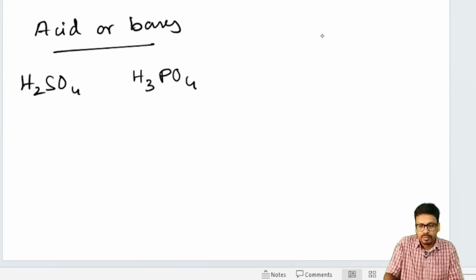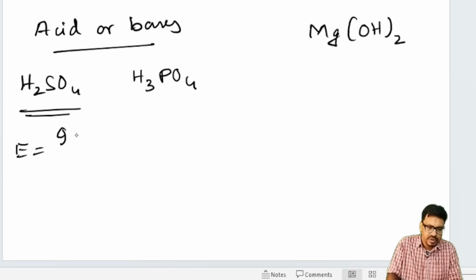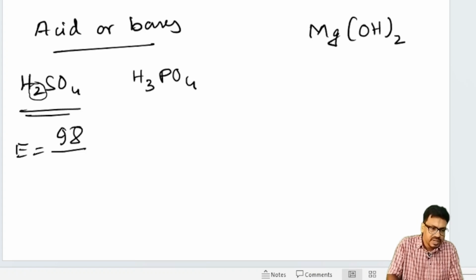And in case of base, say for example, magnesium hydroxide. Now in case of sulfuric acid, we know that the equivalent weight is the molecular weight, that is 98, divided by the replaceable hydrogen.